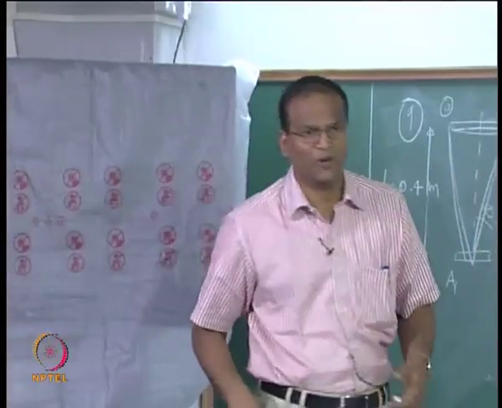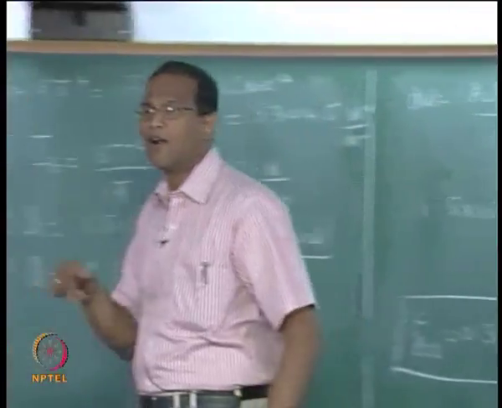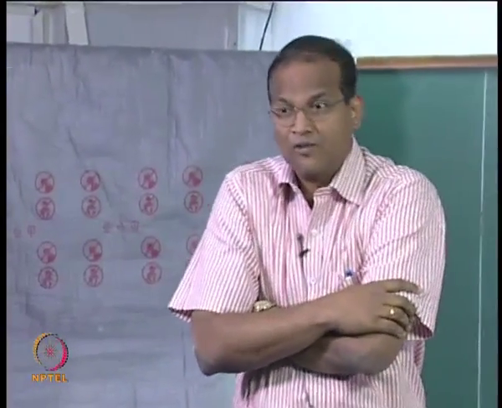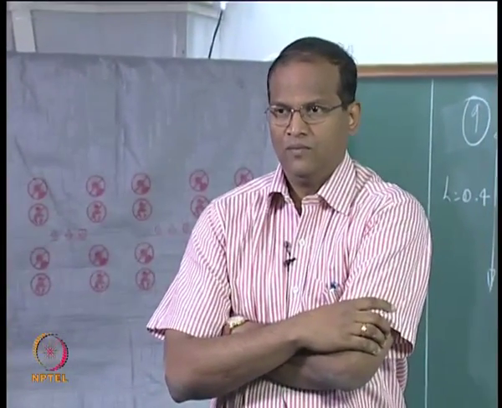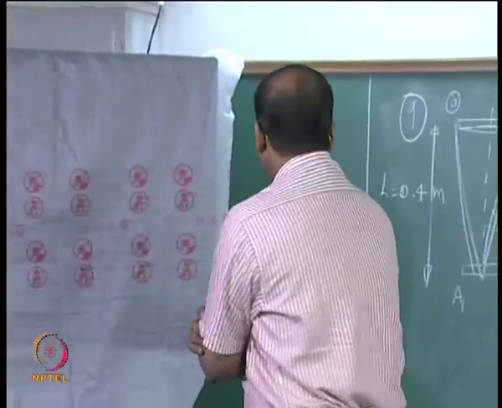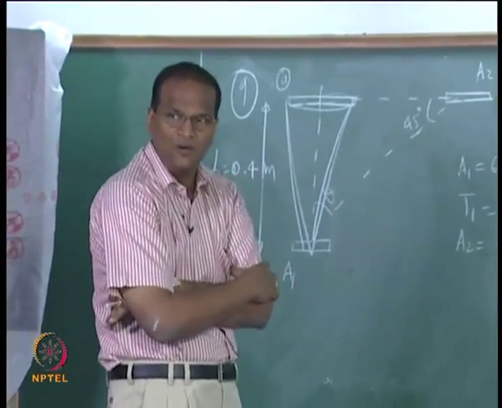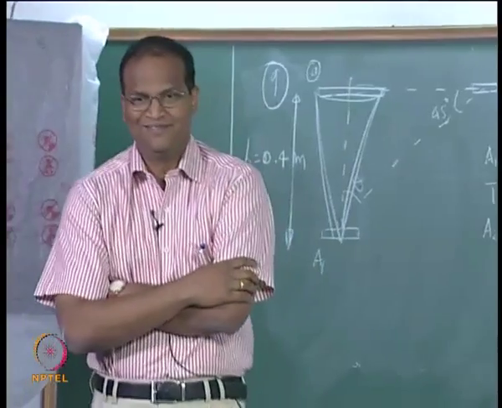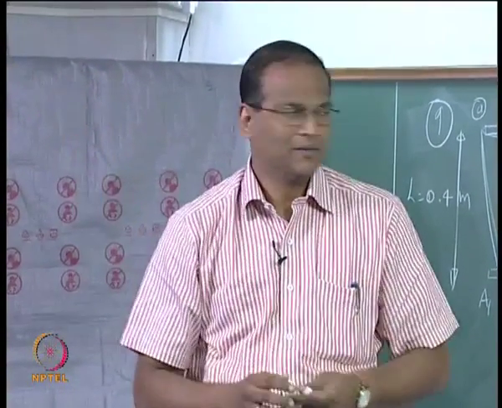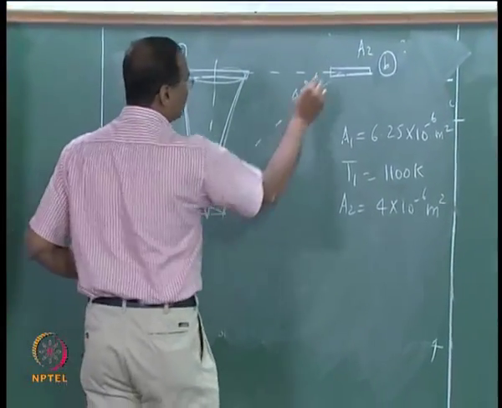Now please apply the formula again, but now A1 cos theta also is there. Please do not forget A1 cos theta and A2 cos theta both will come, because that radius is like this, and A1 has to be aligned like this.